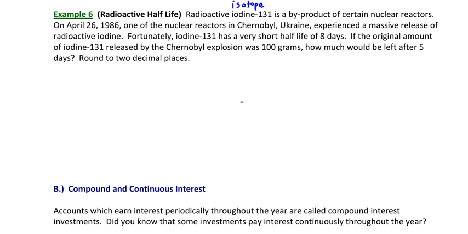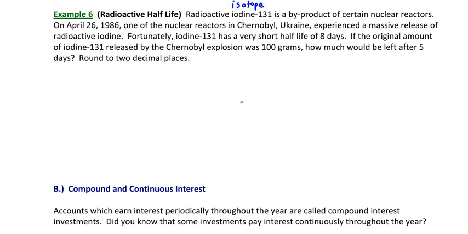On April 26, 1986, one of the nuclear reactors in Chernobyl, Ukraine, experienced a massive release of radioactive iodine. Fortunately, iodine-131 has a very short half-life of 8 days. If the original amount of iodine-131 released by the Chernobyl explosion was 100 grams, how much would be left after 5 days? Round to 2 decimal places.